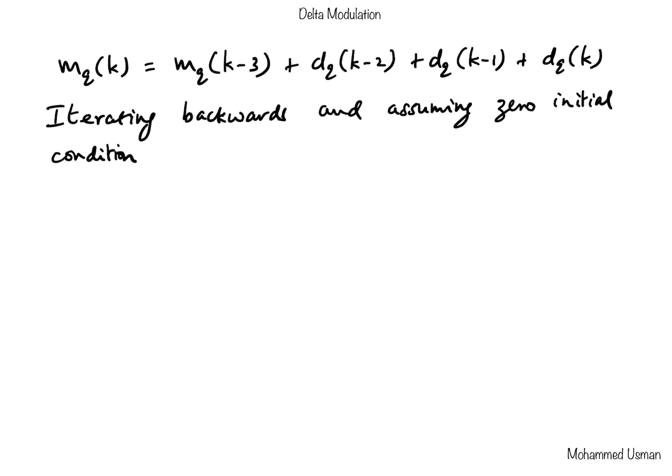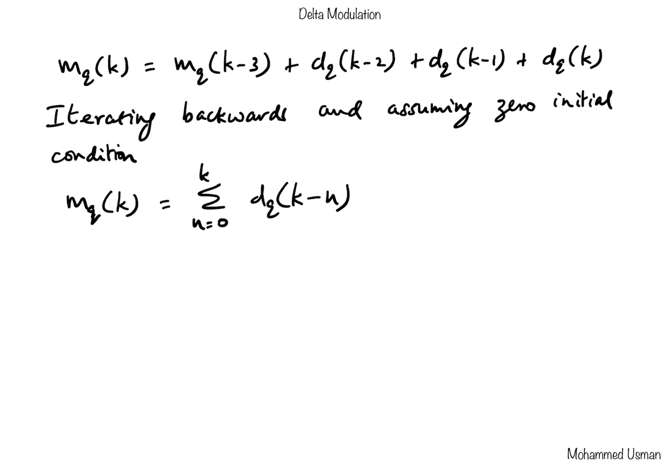So we can write this mq of k as just a summation of the dq terms, dq of k minus n, for n equal to 0 to k.